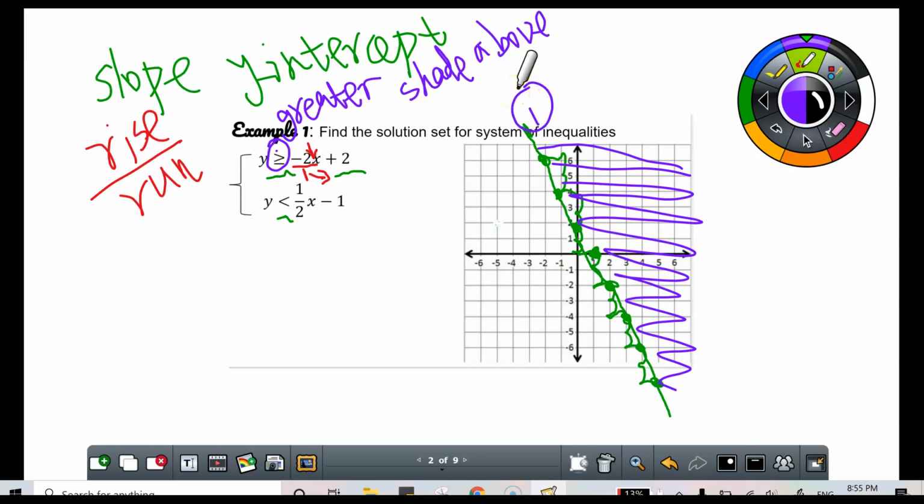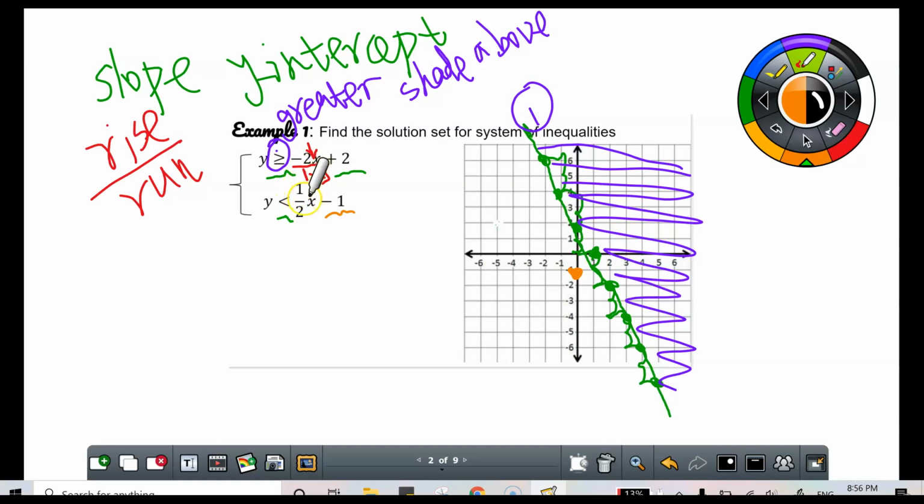And now let's graph the second inequality. For the second inequality, first you are going to draw the line. This negative 1 is the y-intercept. So on the y-axis, negative 1 is here. Draw a dot. Okay? And then look for the slope. Slope is positive 1 over 2.